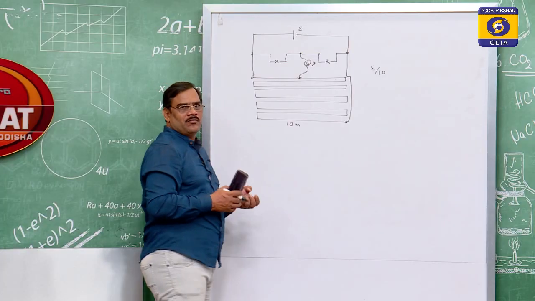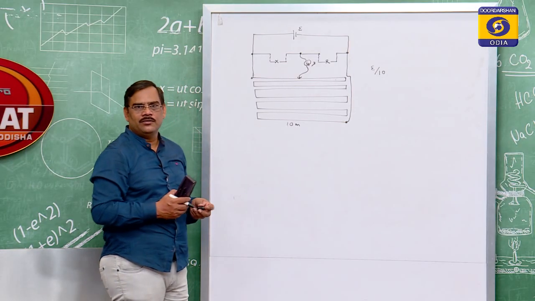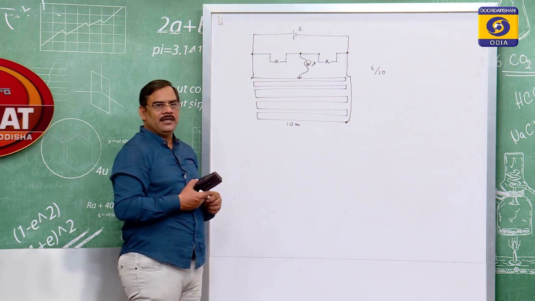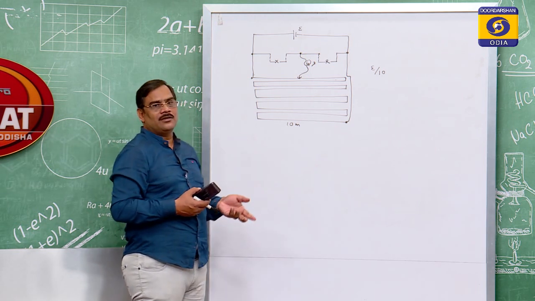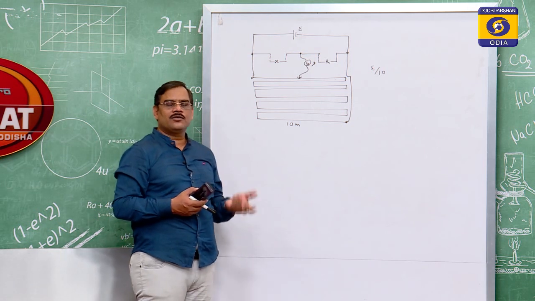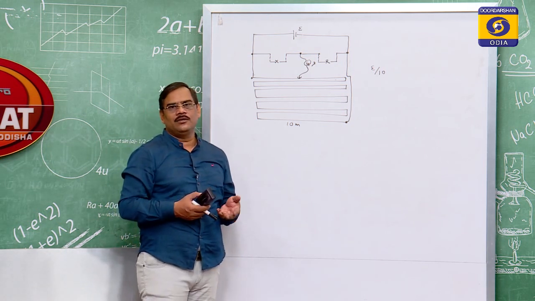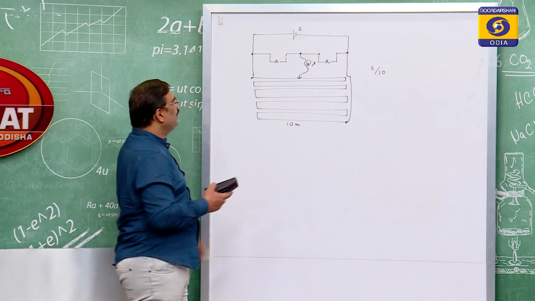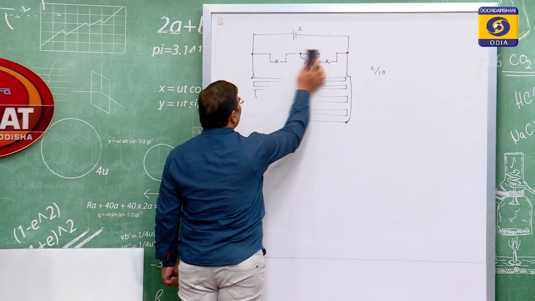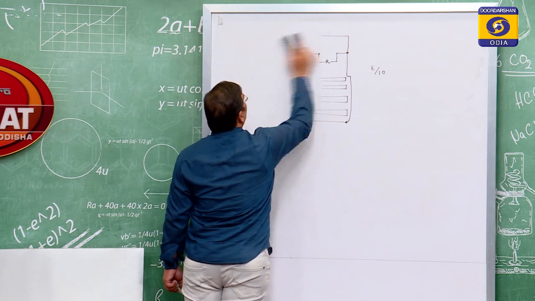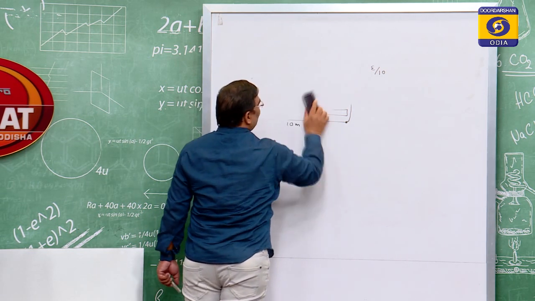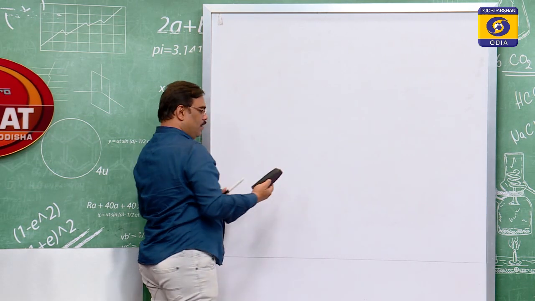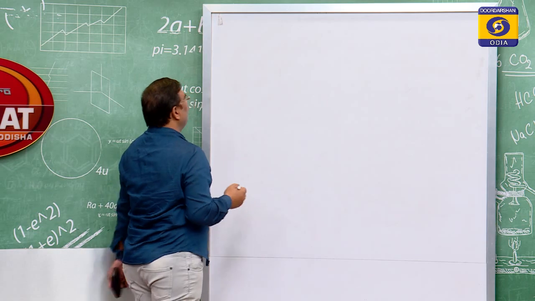The potentiometer can be effectively used to find the EMF of a battery, the internal resistance of a battery, or it can also be used to compare the EMF of two cells. Now, let us see how a potentiometer is used. A potentiometer is used to calculate the EMF of a battery.